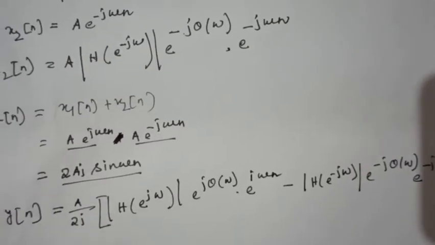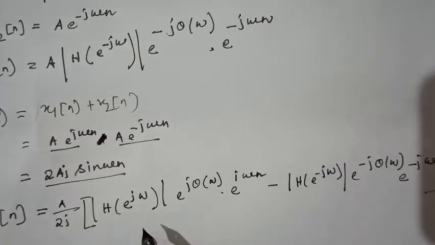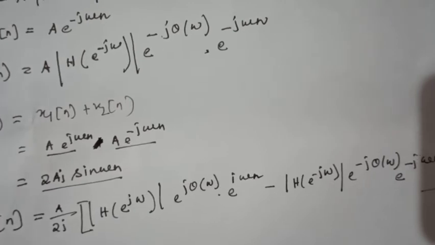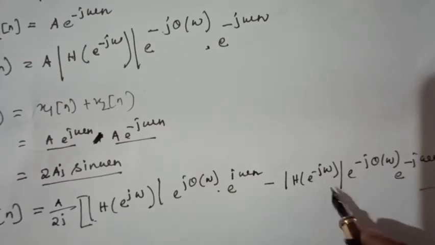So here also we can make the magnitude of h of e to the power j omega common, since the magnitude is even symmetric, that means this and this are equal.